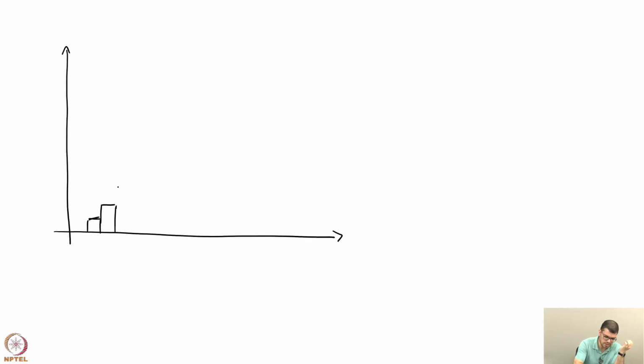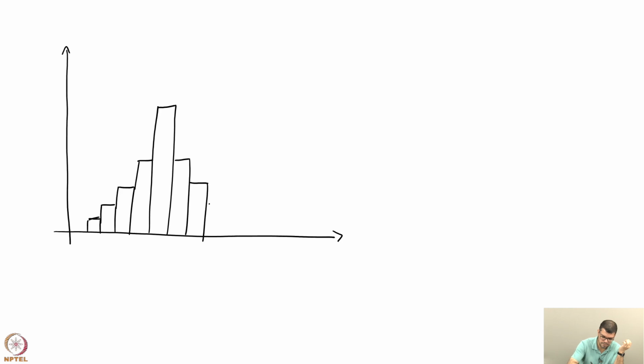Let me just draw this again. Let us say this is population mean. Okay. This is leading edge. I am going to look at this travelling wave in two different ways and I will come up with two different equations.